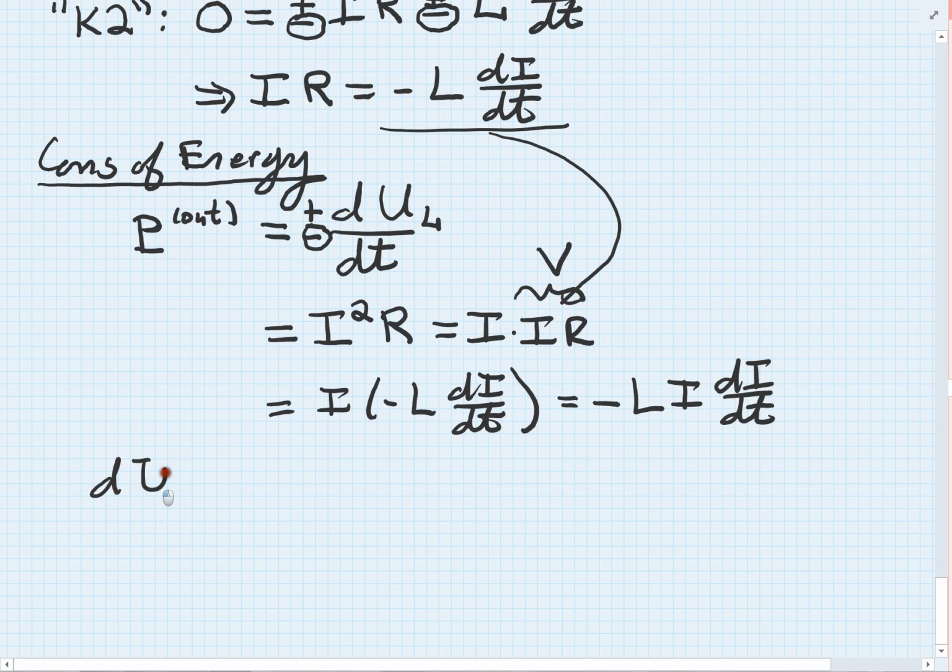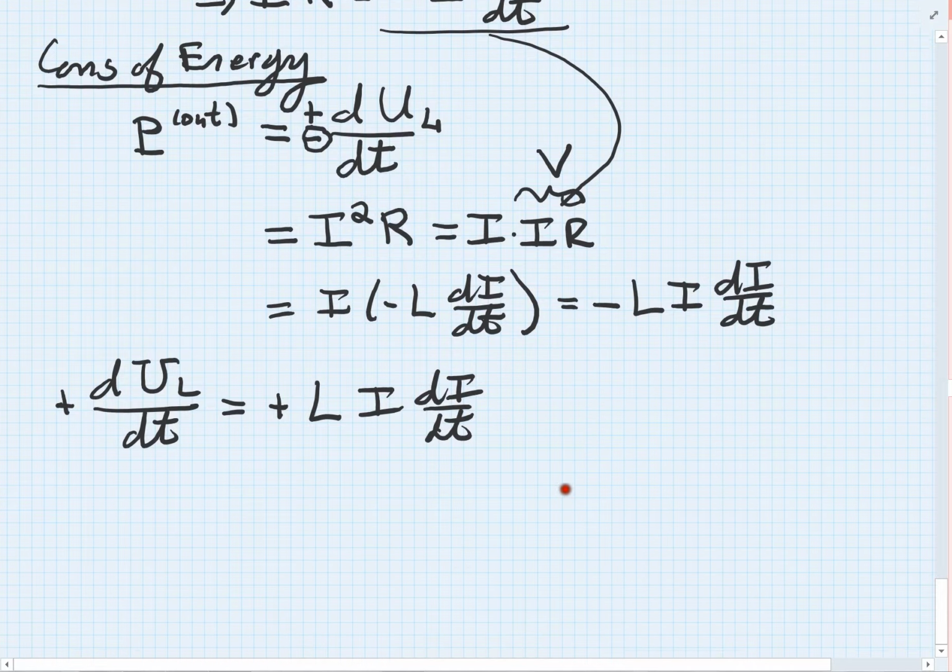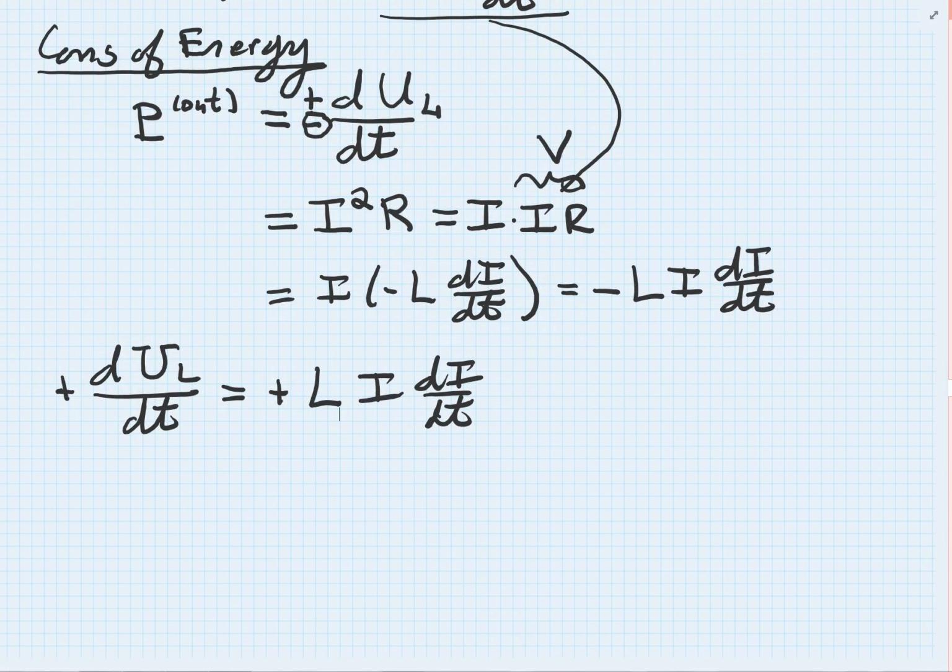So the time derivative of energy stored in the inductor, which had a minus sign on it, is going to equal minus L, from this side of the equation, I times dI/dt. But it's a little silly to write both minus signs. I can multiply through by minus 1. So now I think I can understand the energy stored in the inductor. It's some function whose time derivative is L times I times the derivative of I.